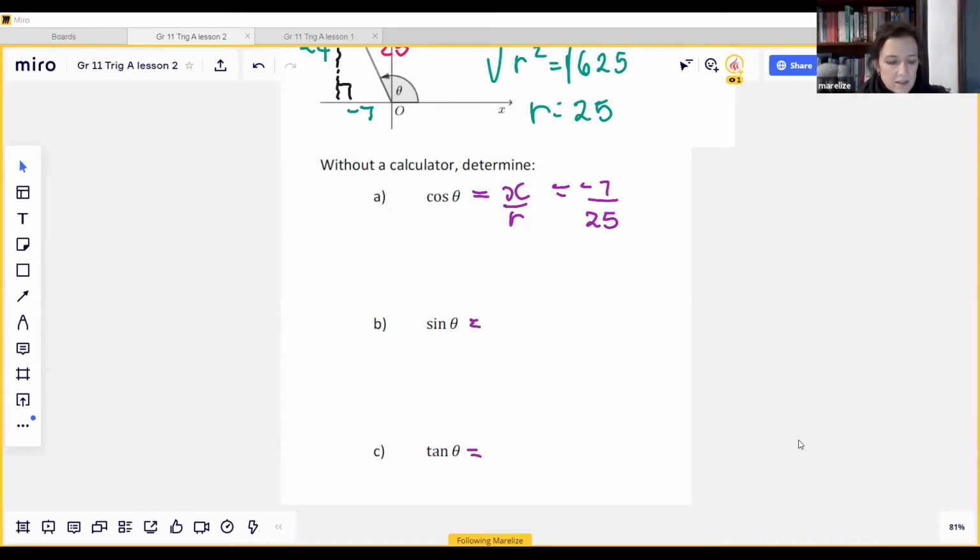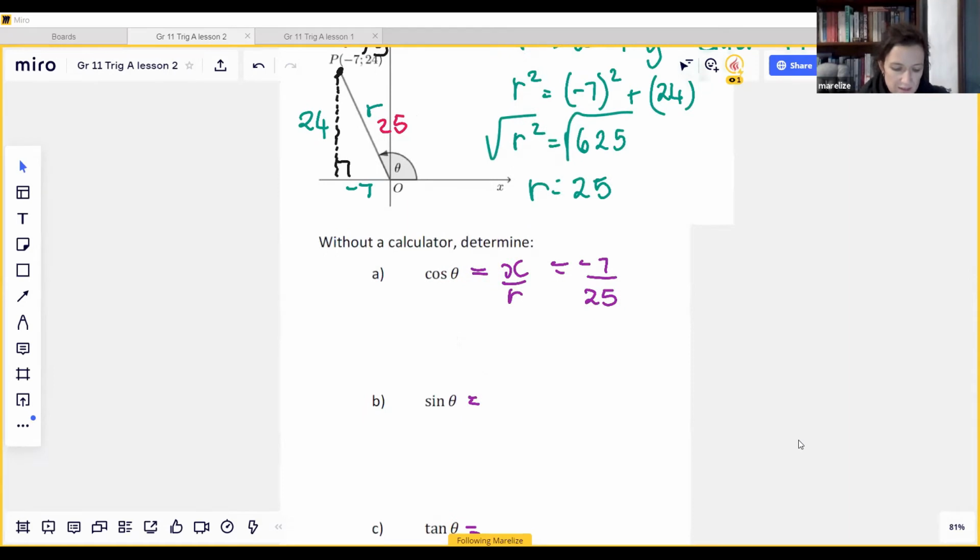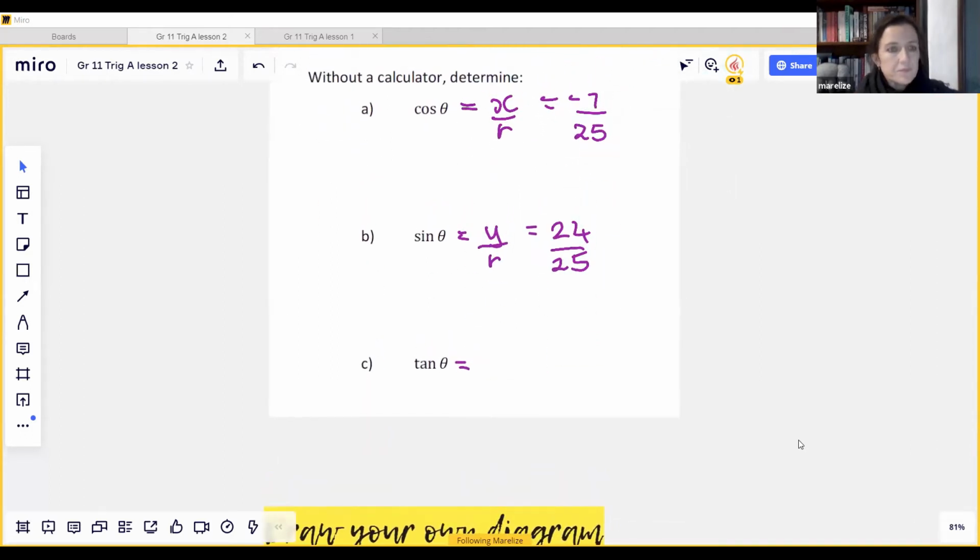So for sine theta, we do opposite over hypotenuse, or y over r. Y over r. And y is 24 and r is 25. Good. Okay, and Asamachle and Oratilwe already have tan. Let's give everyone else another minute to calculate tan.